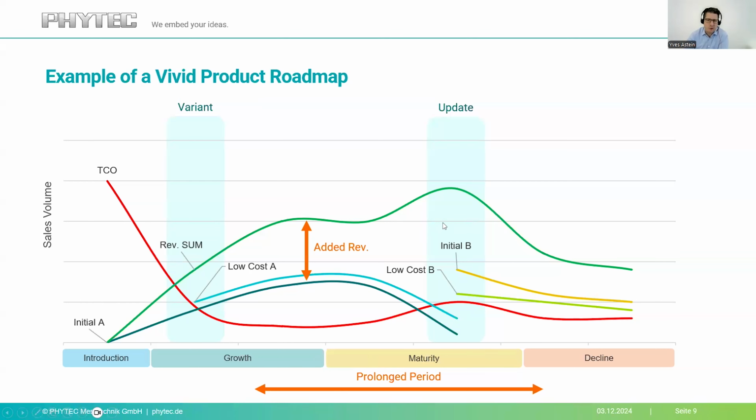And then you can prolong the maturity time by creating, for example, as a replacement of initial A product, initial B, and creating a second low-cost version to replace low-cost A with low-cost B. And therefore, you can continue your lifetime of your once developed product with a very low invest in terms of cost of ownership.